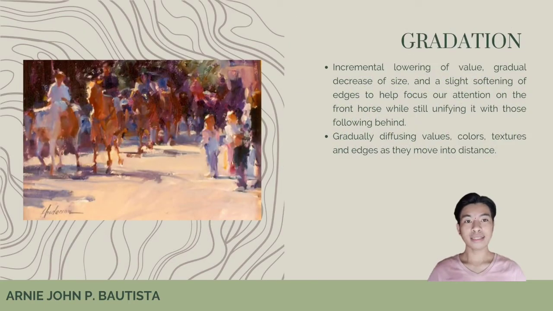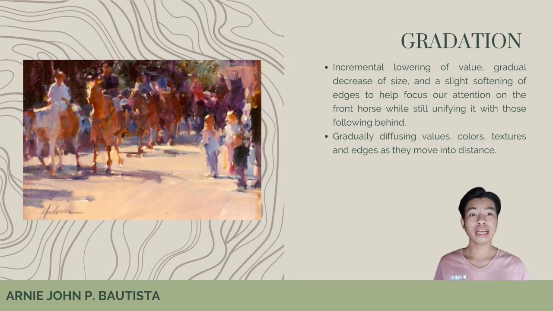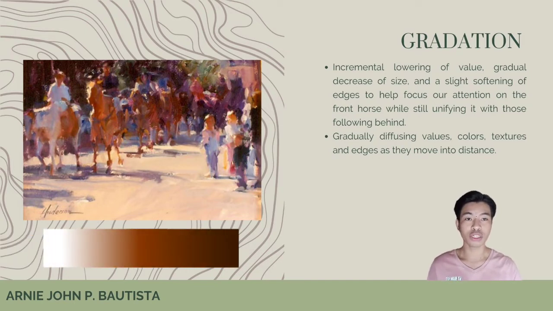Now on this next example, we have this painting of lines of horses, with children and other people on the street. Now what I want you to focus on in this particular painting is the lines of the horses where the gradation is being applied. Now if you look at the lines of the horses, you will see that it started from a white-colored horse.